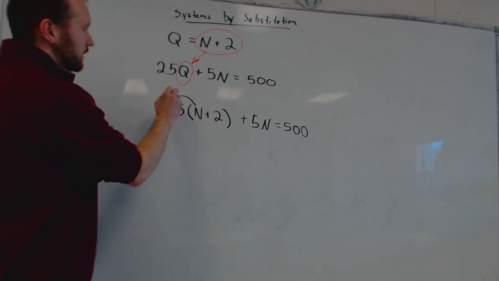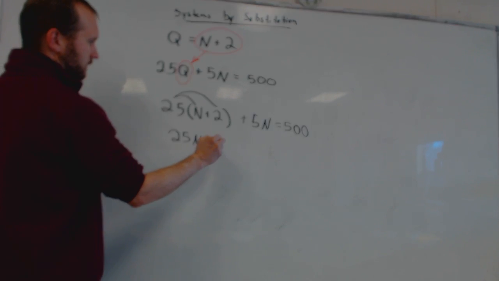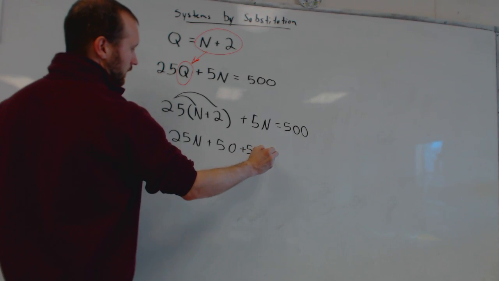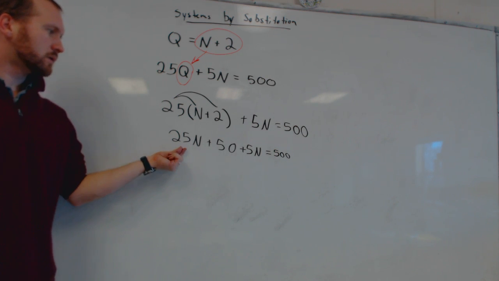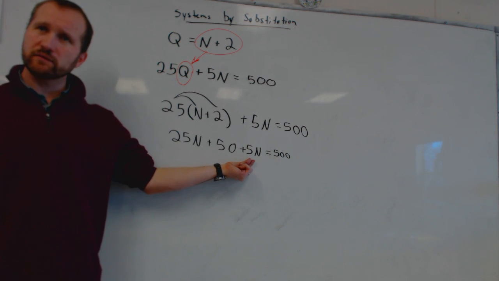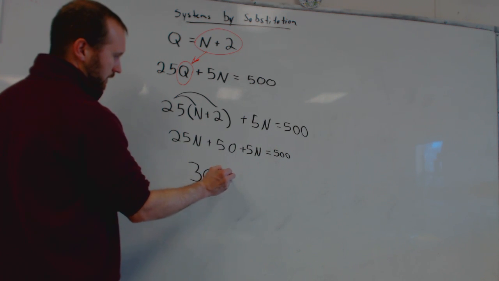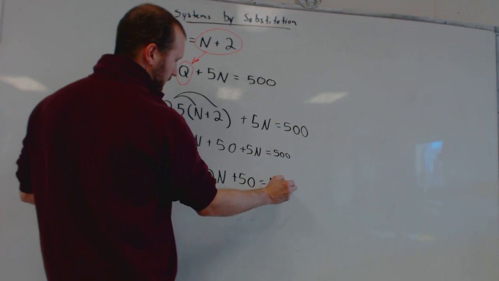So I would use the distributive property. I'd have 25n plus 50 plus 5n equals 500. 25 plus 5 means that I have 30n plus 50 equals 500.